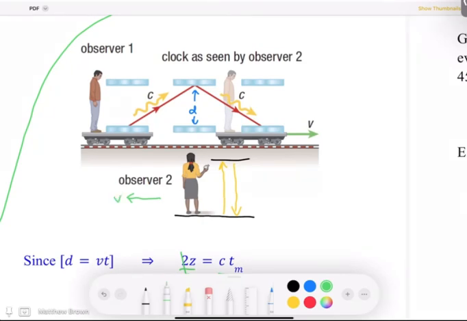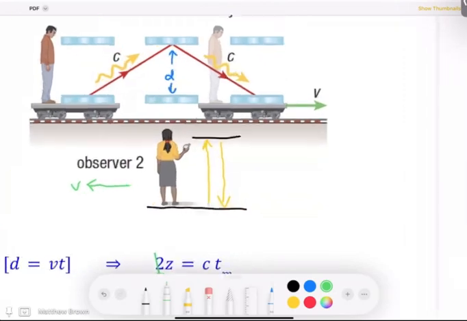So they would see the exact same thing, and so both people actually see each other moving in slow motion. And that's just the way it is. As weird as that seems, they both see the other. So if observer 2 has a clock here and observer 1 has a clock here, they both see each other's clock moving in slow motion.